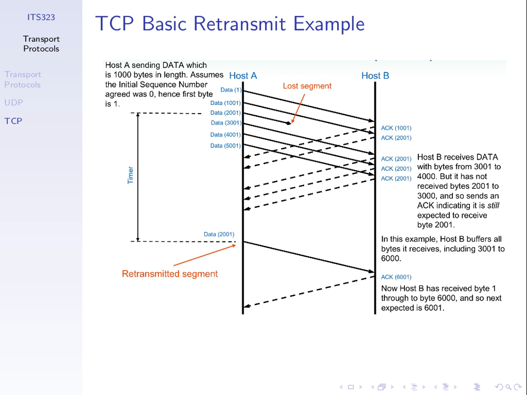We've waited too long, so the timer expires, and that triggers the source to retransmit that one segment. These two have been successfully delivered. We know that from the ACKs. We haven't received an ACK for the third one. We time out, so we retransmit that third segment.